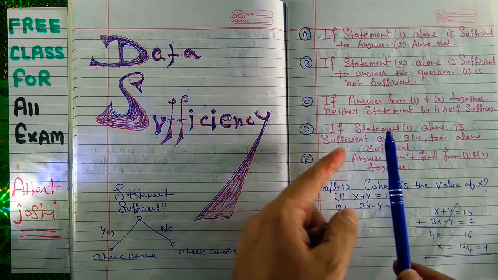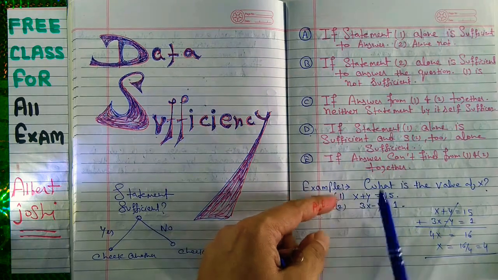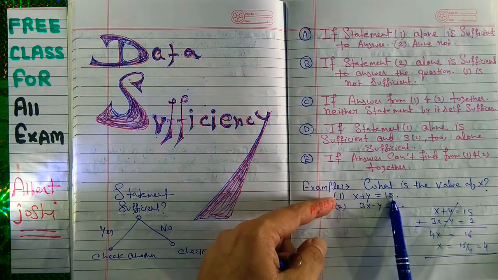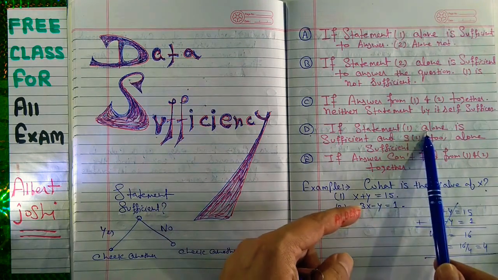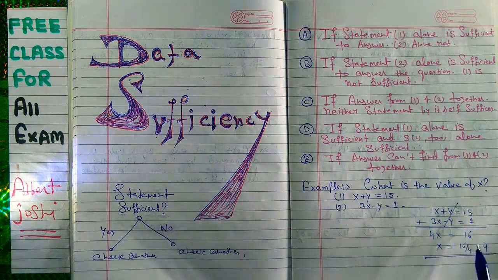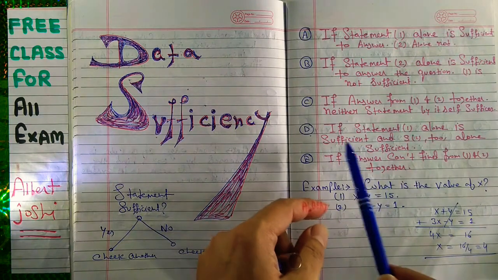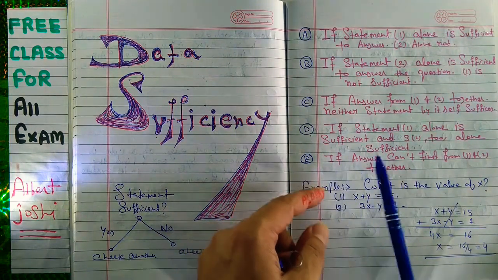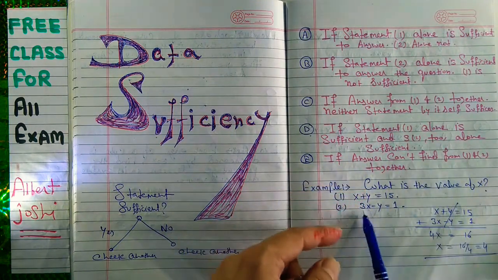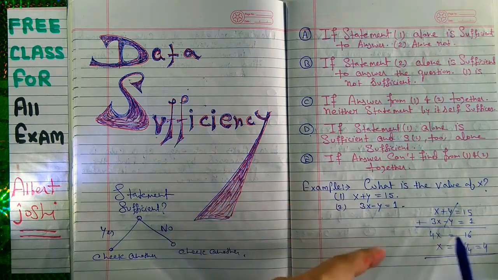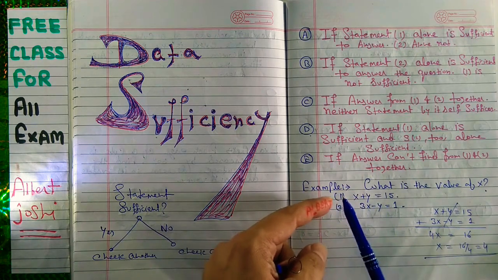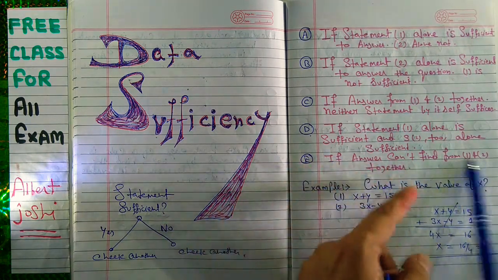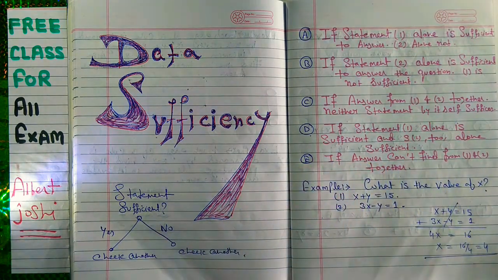So D is saying only 1 is sufficient, but you can see that with only 1 we cannot solve. So this is also a wrong answer. And last, if the answer cannot be found: we have found the value of x with the help of two statements, so this is already a wrong answer.